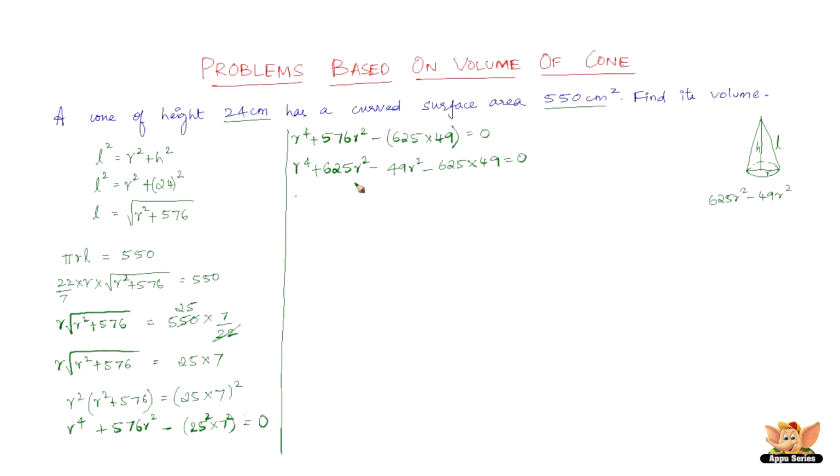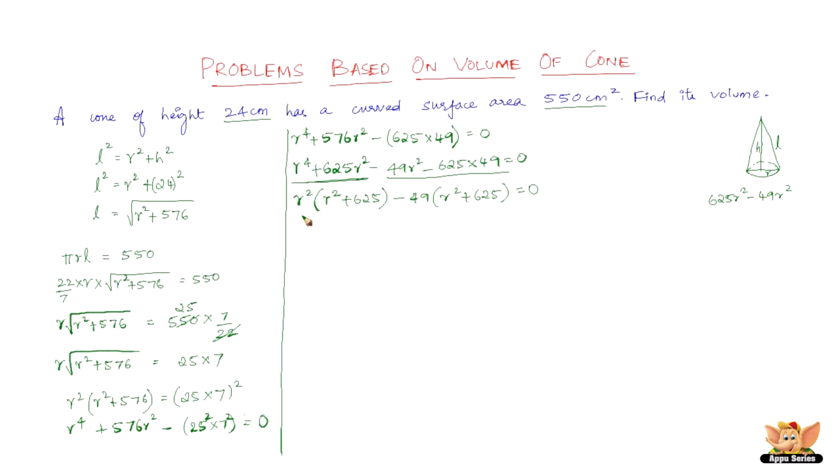Considering these two terms, let us take out r square as common. So we have r square into r square plus 625. And considering these two terms, let us take out 49. So minus 49 into r square plus 625, because minus 49 into plus 625 gives us minus 625 into 49. So this is equal to 0.